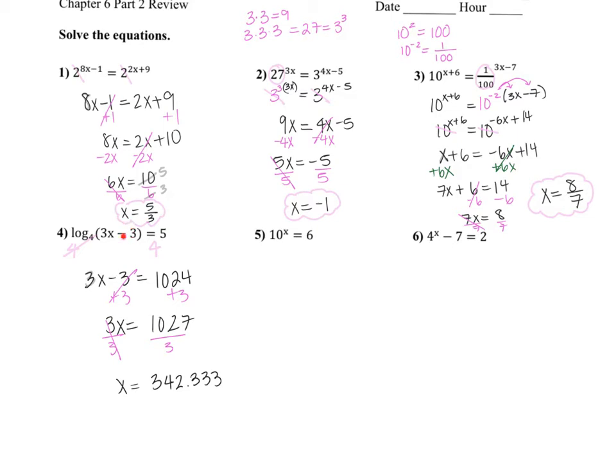It doesn't matter if I subtract 3, it's still going to be positive, which is good, because in a log, you don't want to have zeros and you don't want to have negative numbers. So I'm going to bubble that in as my answer and put a little check mark, so it reminds me that I've already checked my answer. This will give me a positive number inside the log. So this works.